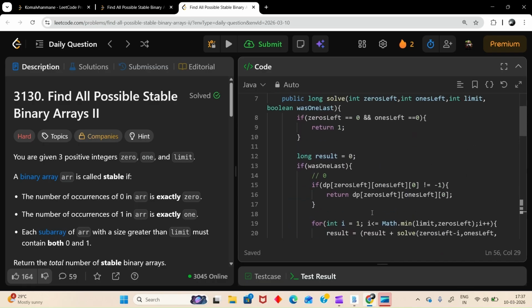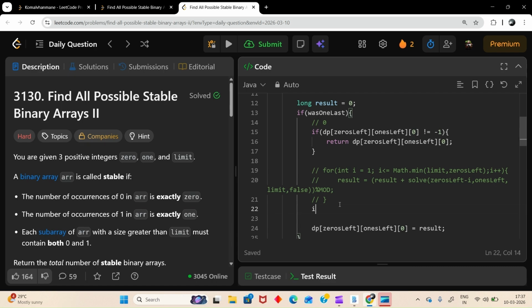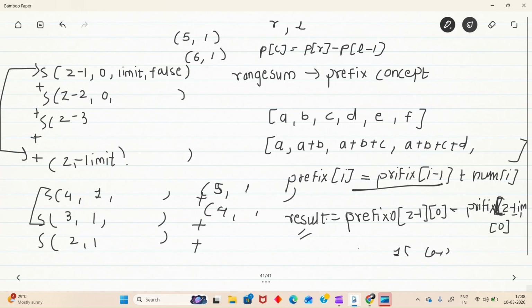Now the part is we have to use it here, instead of this. So let's take int left. What will be the left? Here we have left and right now.